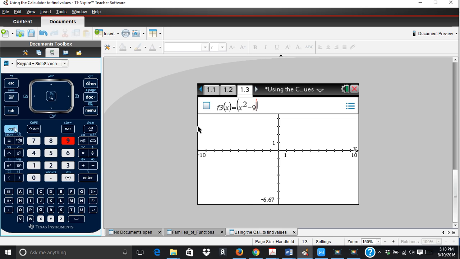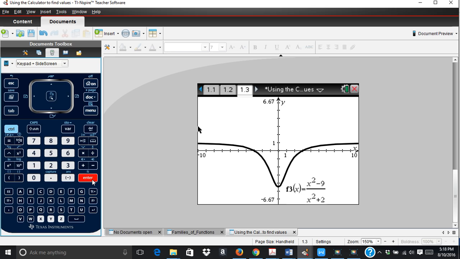I go outside my parenthesis, and then I'm going to divide, and I'll do a parenthesis again, and I want x squared plus 2. I'm going to press enter, and there's the graph, and it definitely is symmetric with the x-axis, but not the y and not the origin.